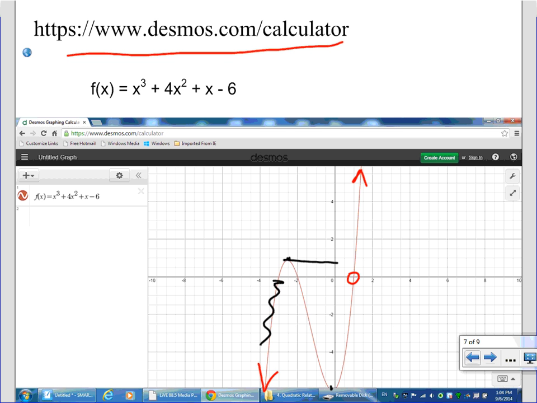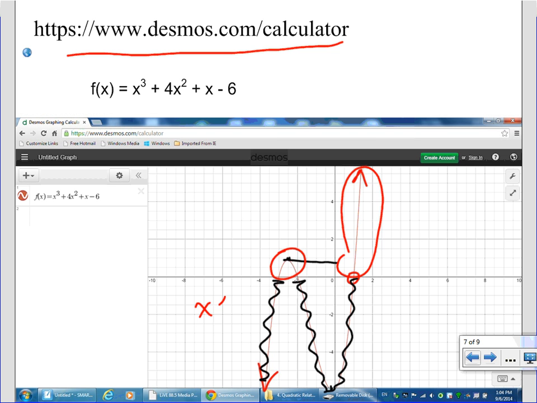Here's the interval that's less than 0. Everything above the x-axis is greater than 0. So if you have a graph, you can state the solution to an inequality. This would be when x is less than -3, and when x is between -2 and 1.